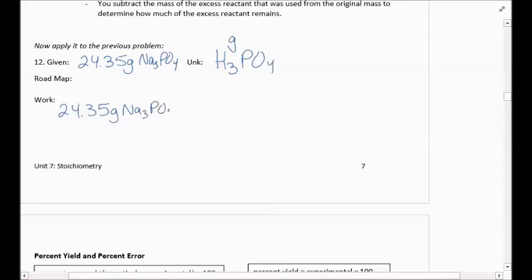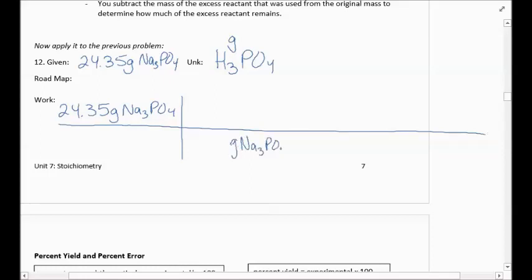The nice thing is we've also calculated our molar masses already, so we can just pull those. So we're going to go from grams of sodium phosphate to moles of sodium phosphate, and then moles of sodium phosphate to moles of phosphoric acid.